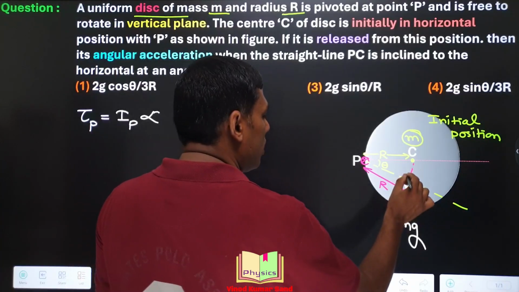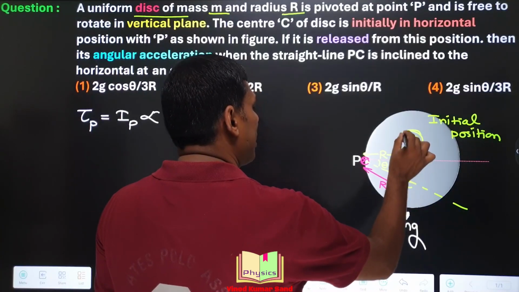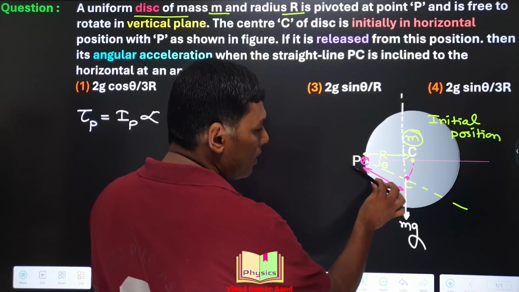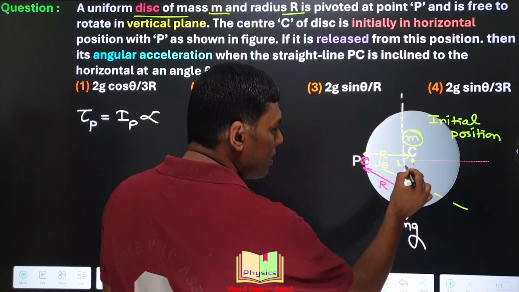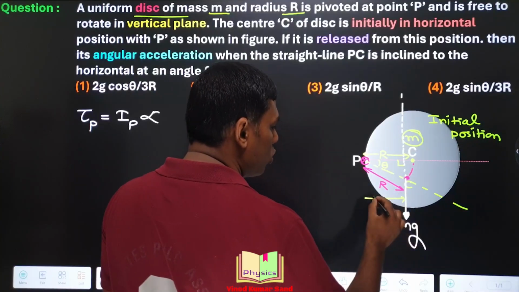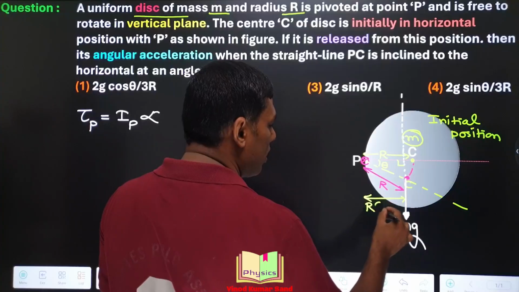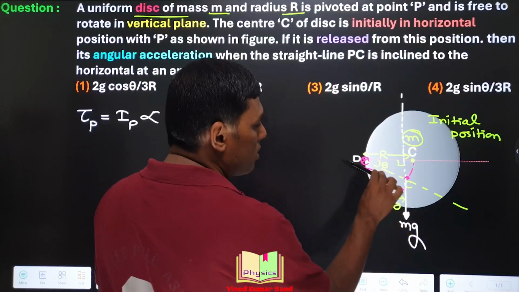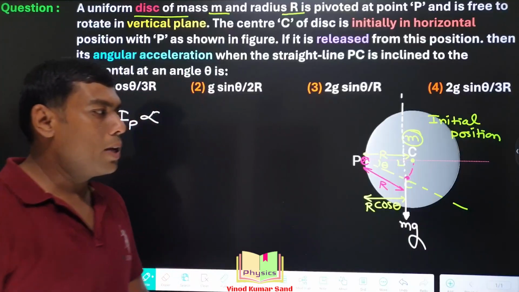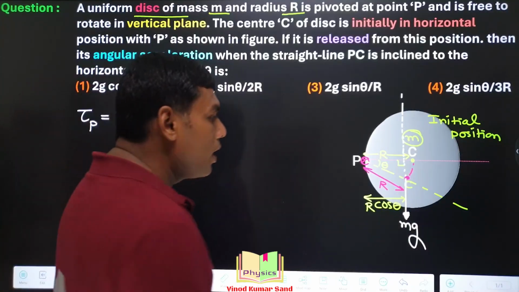Now for mg, if we extend this line and we draw a perpendicular, this is R, this angle is 90 degrees. So the perpendicular length I am showing should be equal to R cos theta. This distance was R, this angle is theta, so this perpendicular distance will be R cos theta.